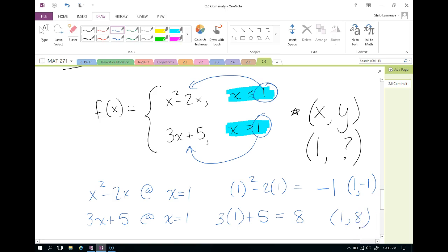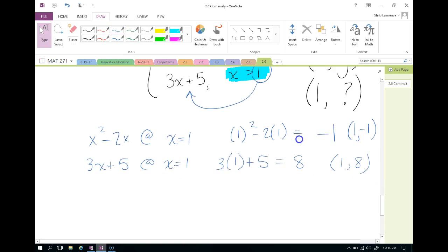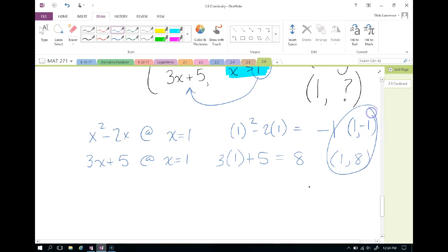So when we switch at x equals 1 from the parabola to the line, we are jumping from (1, negative 1) up to (1, 8). And there is a giant gap in the graph. These two guys are not connecting. This function is not continuous.